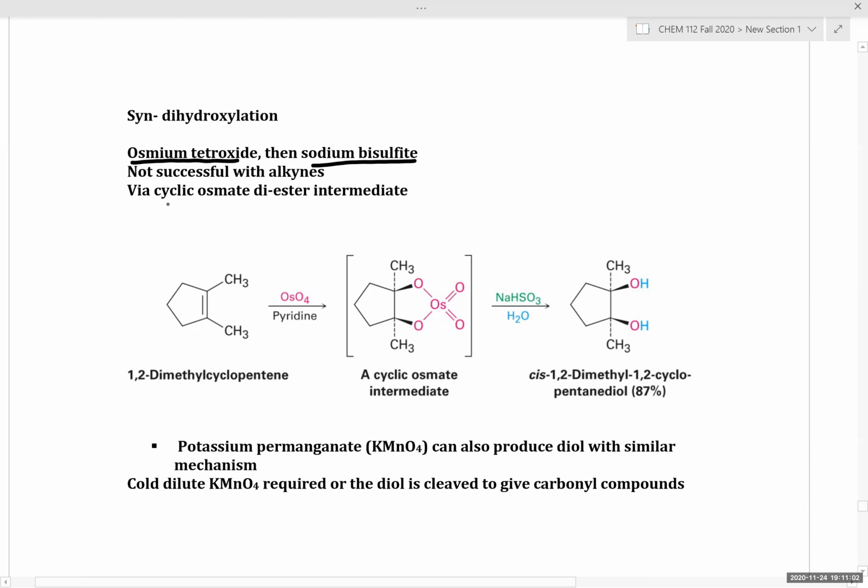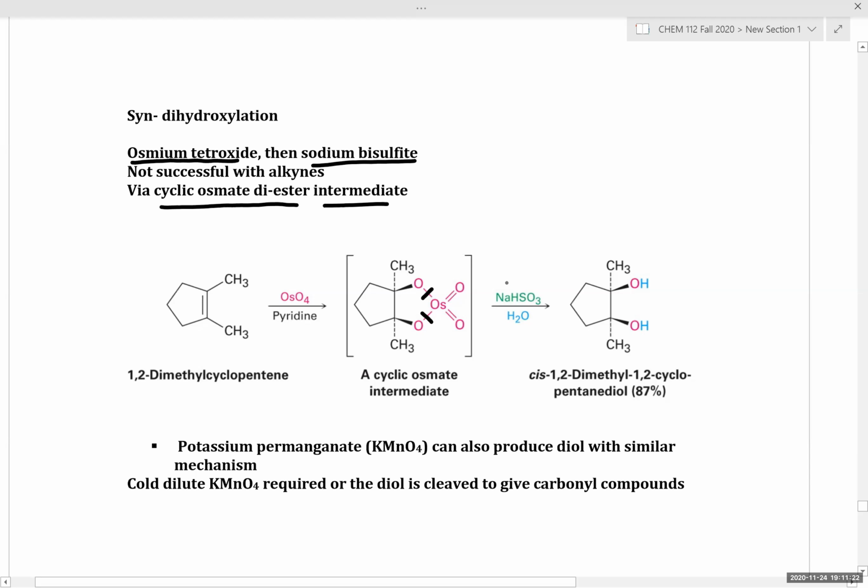This occurs via a cyclic osmate diester intermediate, and the sodium bisulfite helps facilitate dissociation of this osmium catalyst from our diol.